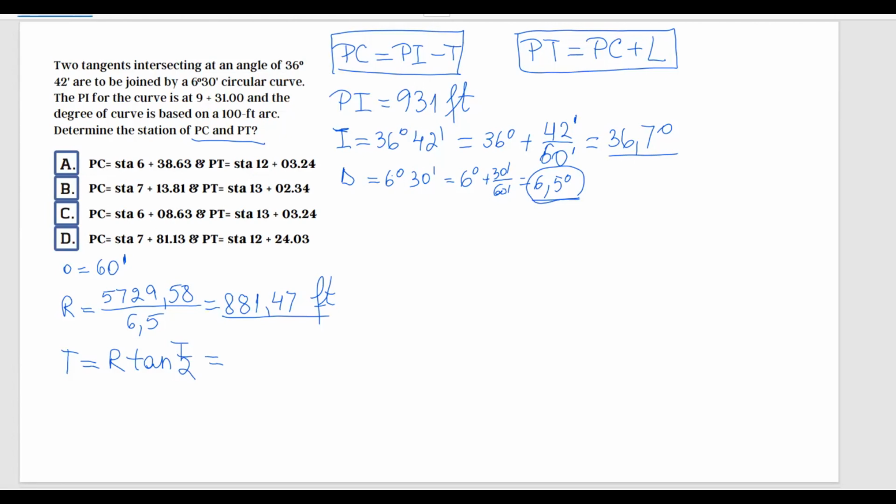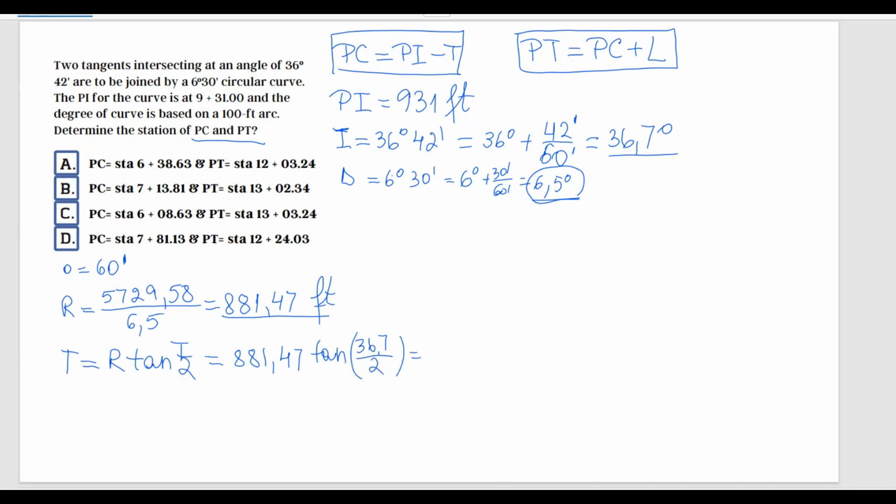And now we have R, which is 881.47 feet, tangent of, and then I is right here, 36.7. It's also given in the problem. 36.7 divided by 2.